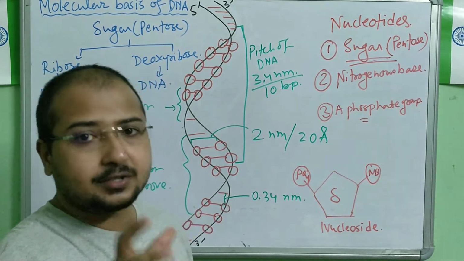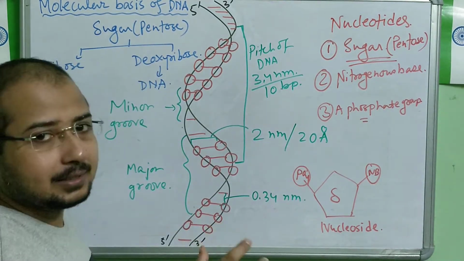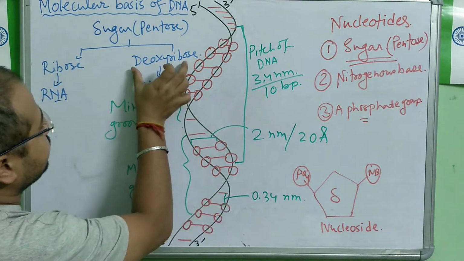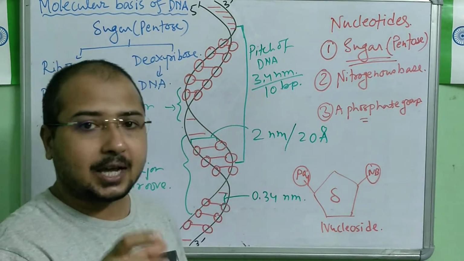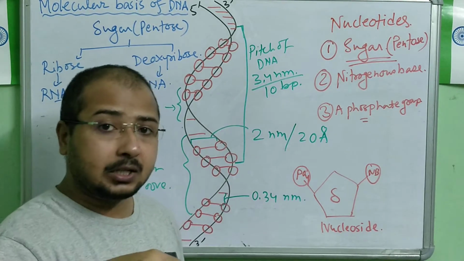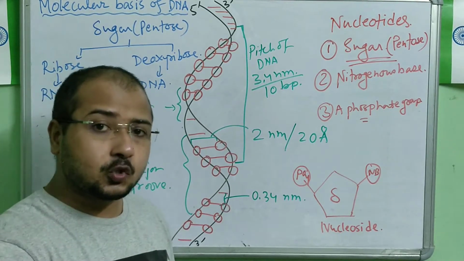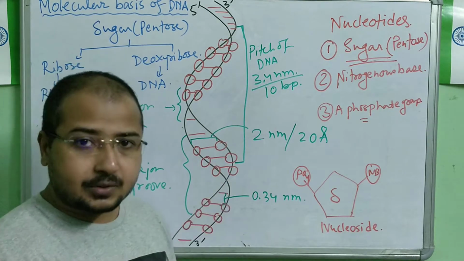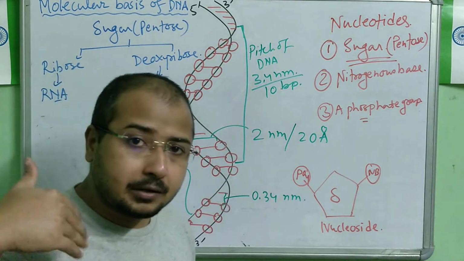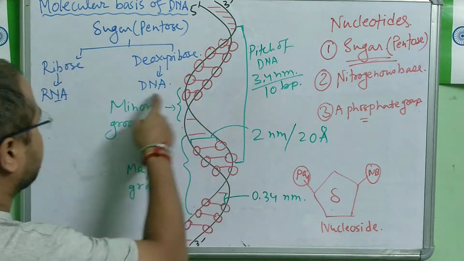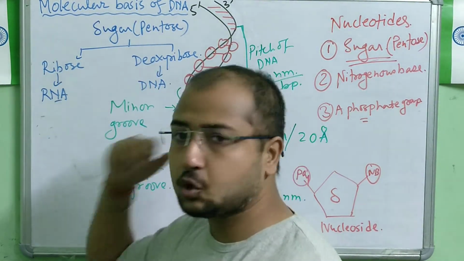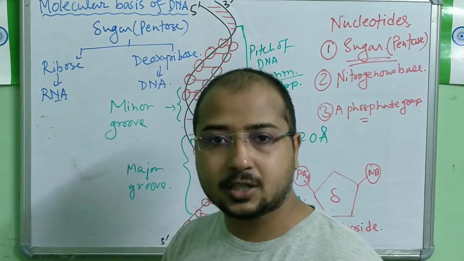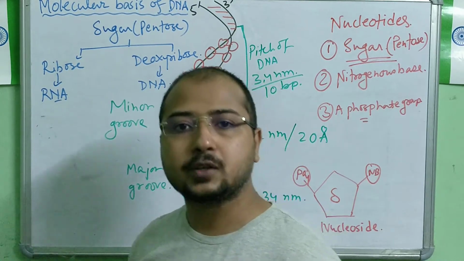The deoxyribo in deoxyribonucleic acid came from the sugar name. The sugar is deoxyribose, which is present in the DNA. So from the name of the sugar, deoxyribo comes, then nucleic acid, DNA. Same here, RNA. The sugar name is ribose sugar, so from ribose comes ribo, and then nucleic acid.